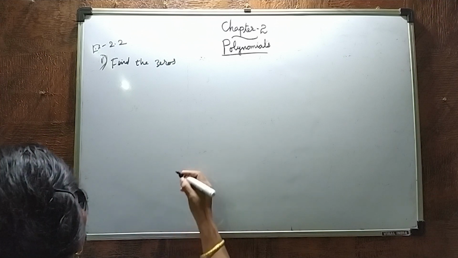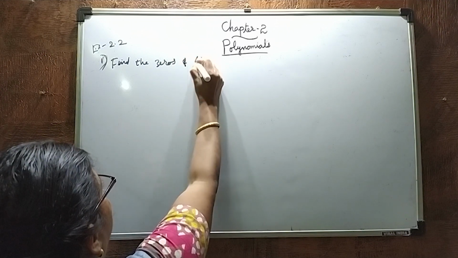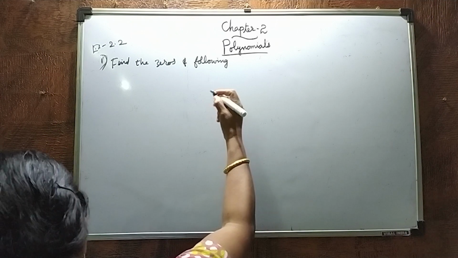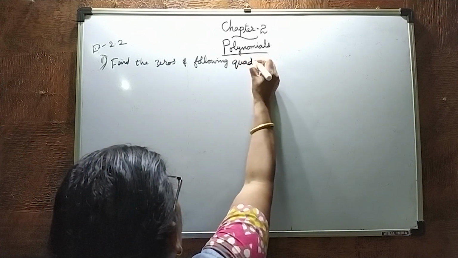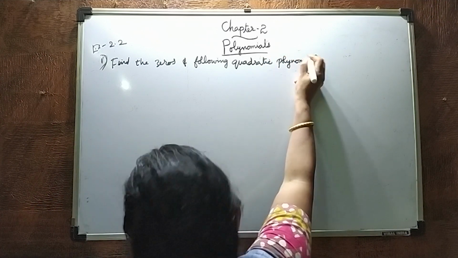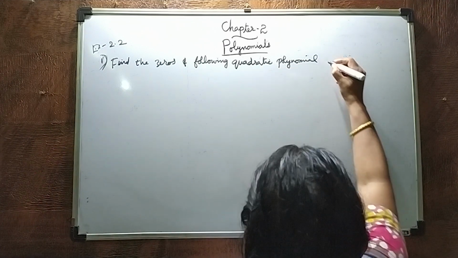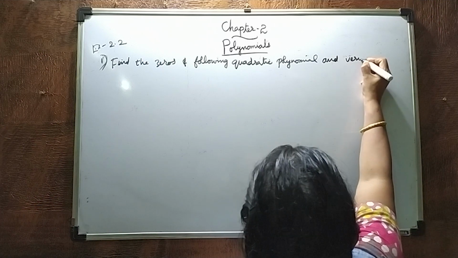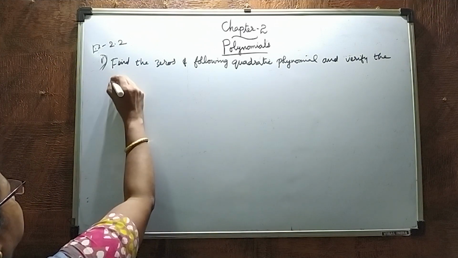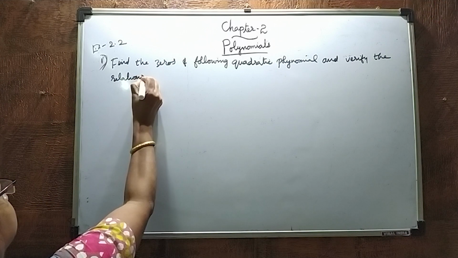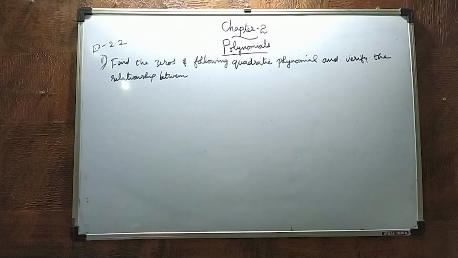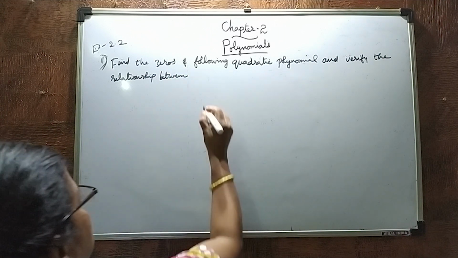Find the zeros of the following quadratic polynomial and verify the relationship between the zeros and the coefficients.